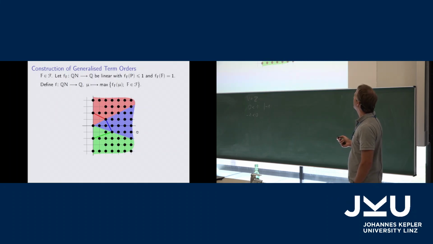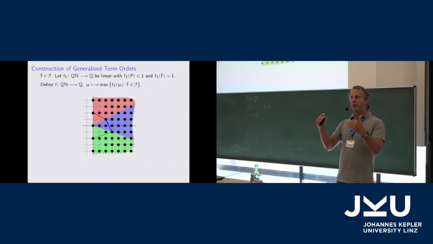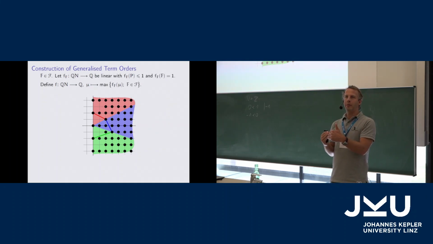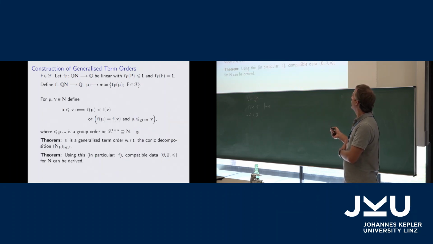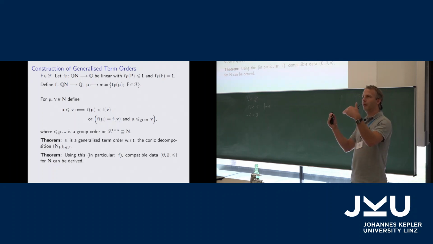And the second step is how to find the term order. Each of the facets defines uniquely a linear map, which is constantly 1 on the facets and smaller than 1 in the polytope. So these are the maps F_F here. And then we define a map F, where for each point in the monoid, we take the maximal value of these linear maps F_F.